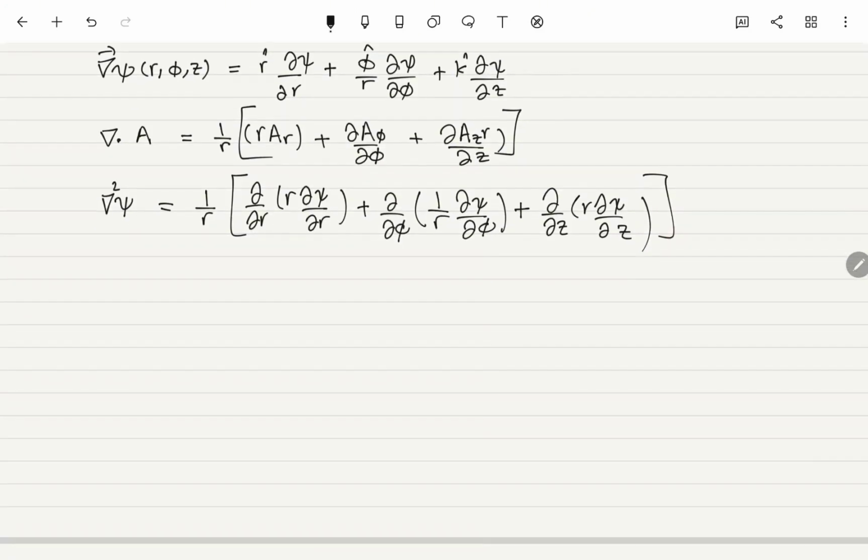And the last quantity is the curl of A in cylindrical coordinates.